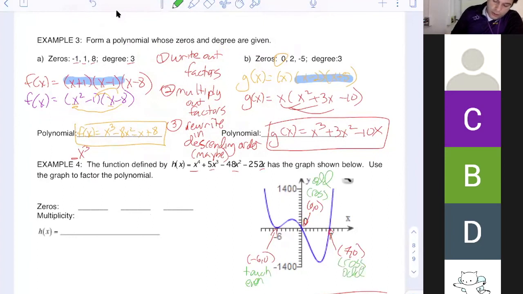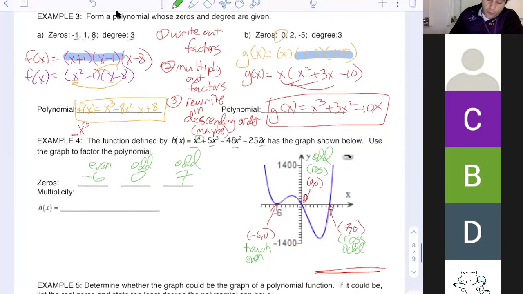So if my zeros are -6, 0, and 7, even, odd, odd, what combinations of even and odd numbers can I add that's going to give me 4? Or in other words, we know that it's going to be x plus 6, x, and x minus 7.